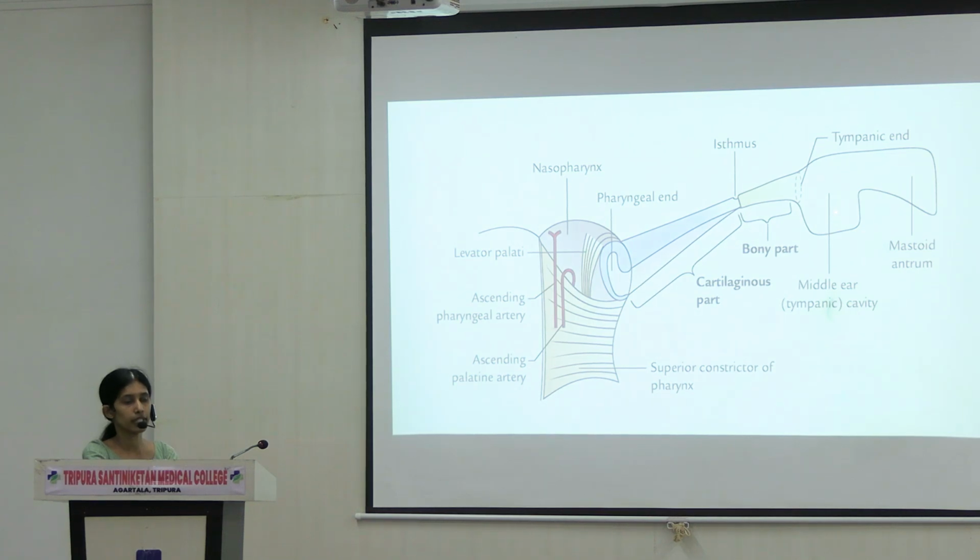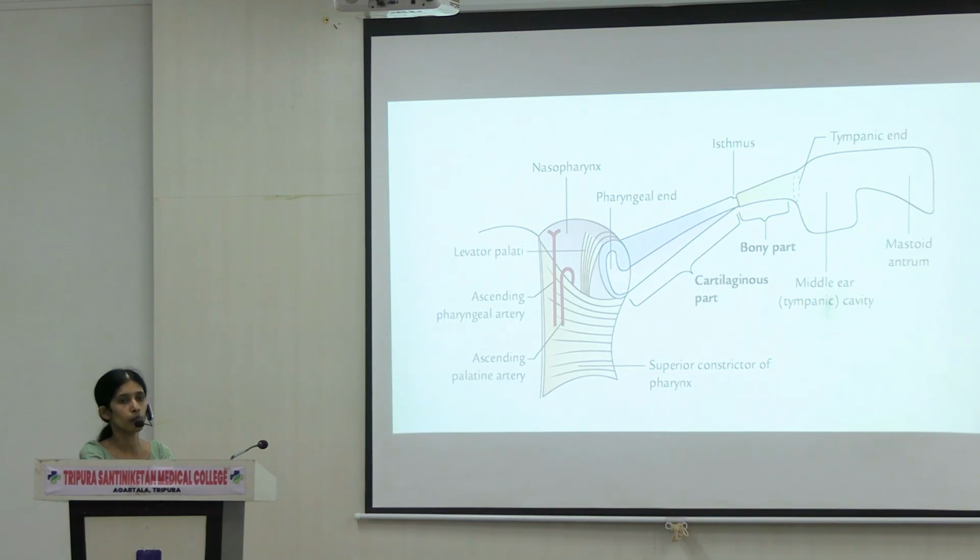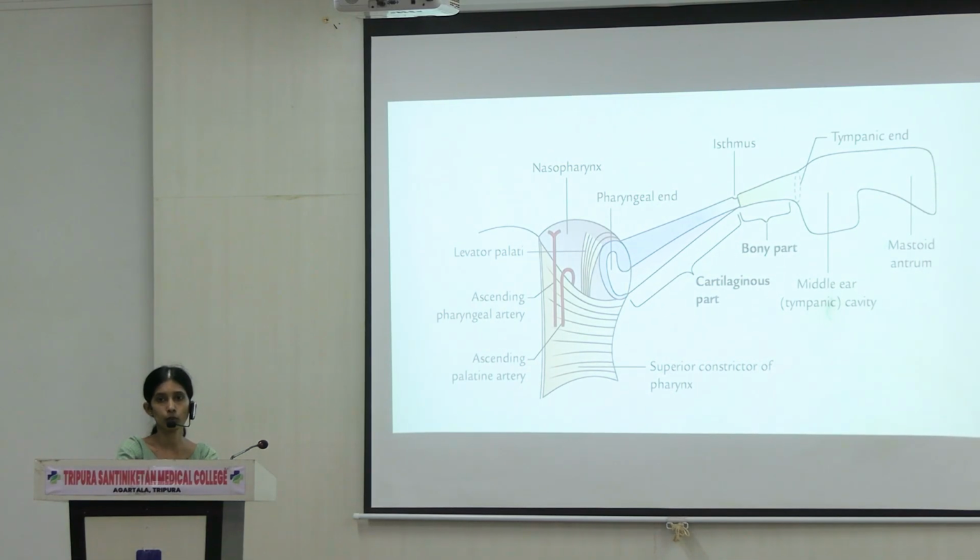The anterior wall of the middle ear, and your pharyngeal end is associated with the lateral wall of the pharynx. These are a few important points you should remember about the auditory tube. Your auditory tube has two ends, the pharyngeal end and the tympanic end.